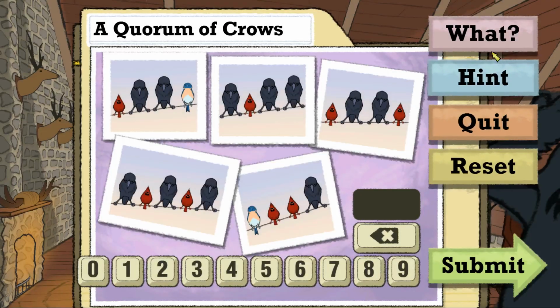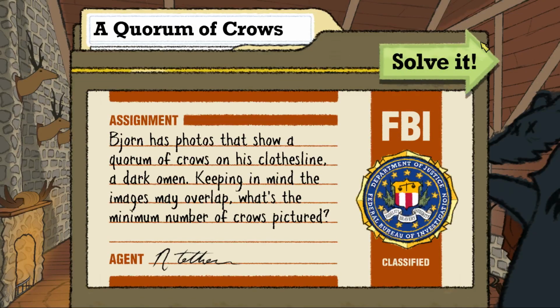Wait, what? I love how it even says what, that's still a good thing. Keeping in mind the images may overlap. Was the minimum number of crows. No, it's the overlap.